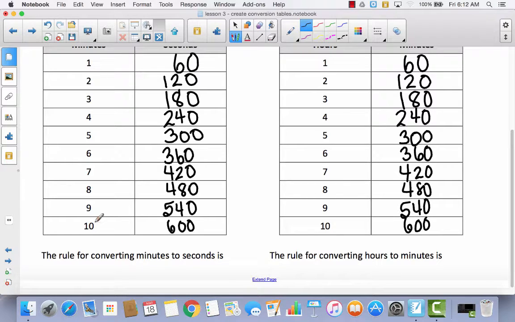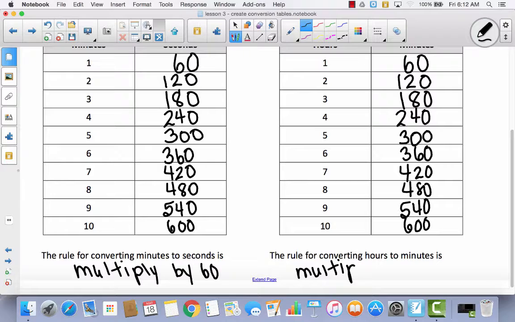Well, what do we do to every minute to get the seconds? We multiply. What do we multiply by? We multiplied by 60. And the rule for this conversion table is exactly the same. Multiply by 60.